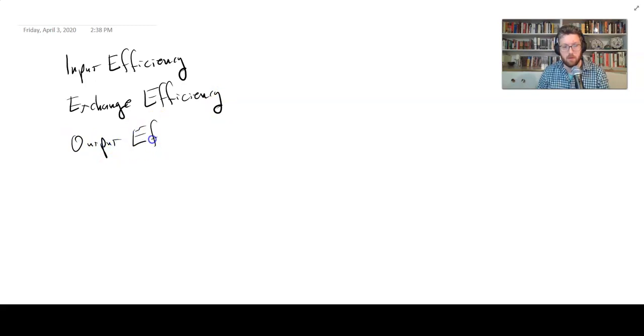So, if we throw a monopoly into the mix, one of these is going to break down and no longer hold. So let's try to figure out which one.